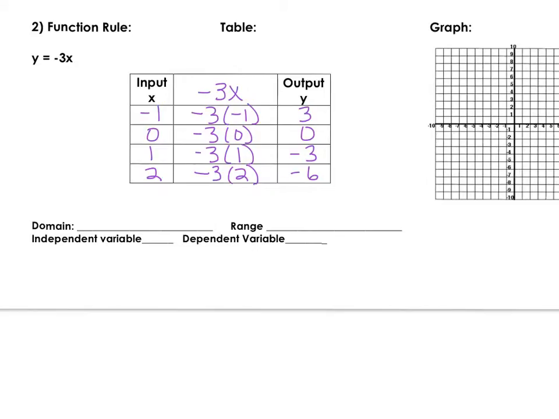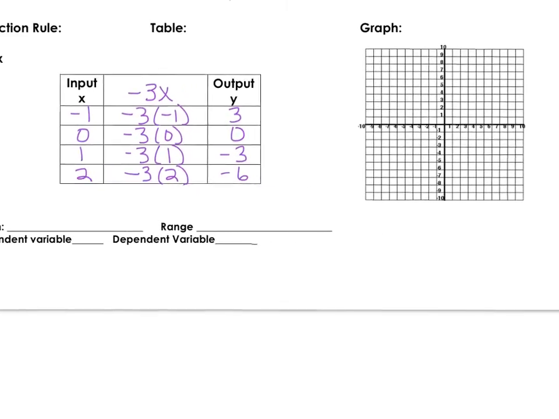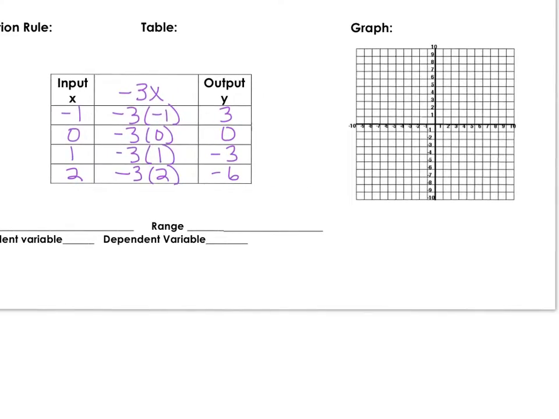So now that I have my input and my output, x and y make ordered pairs, so I'll come over to my graph and I'll graph my linear equation. So I am going to go over to -1 and up 3. Then I will go over 0, up 0, so that's the origin right in the middle.